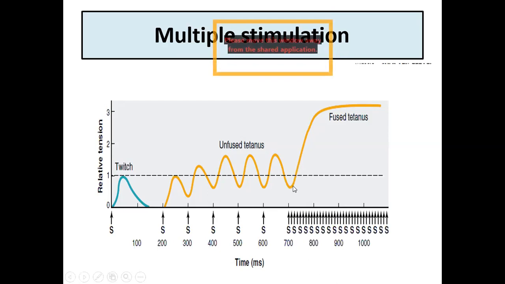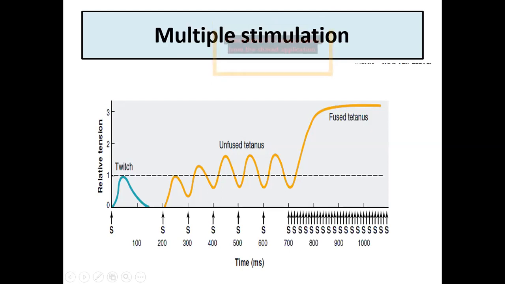No, there is no relaxation. There is only contraction, and all the contractions for all the stimuli are fused. The contraction is quite smooth and sustained, and that is called fused tetanus.